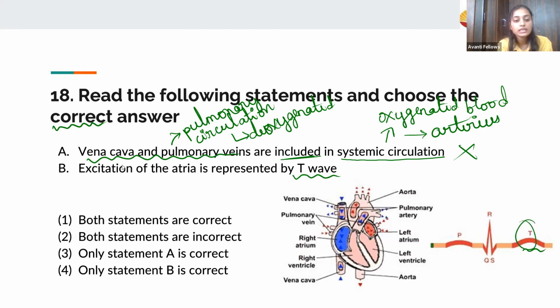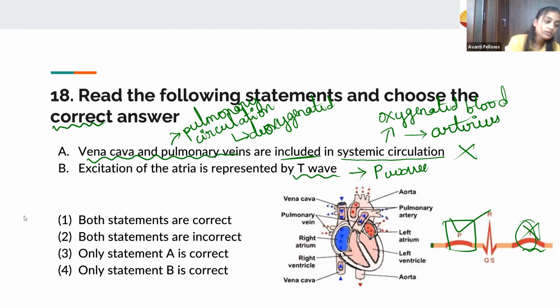They are saying that the excitation of atria is represented by the T wave, whereas excitation of atria is represented by the P wave, not by the T wave.